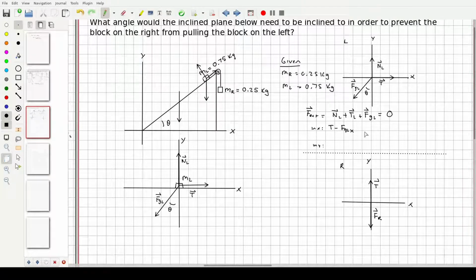Okay? Those are going to have to add out to give us 0. In the y direction, which is really not interesting to us right now, we have the normal force, which goes up, but then we have the force due to gravity that goes down. And those, again, are going to balance each other out to give us 0.